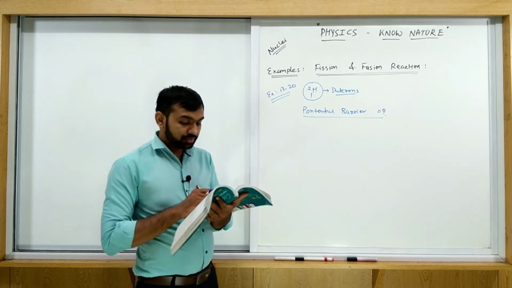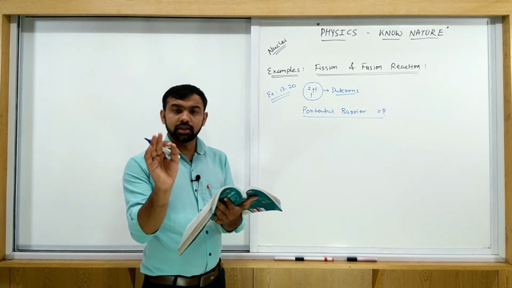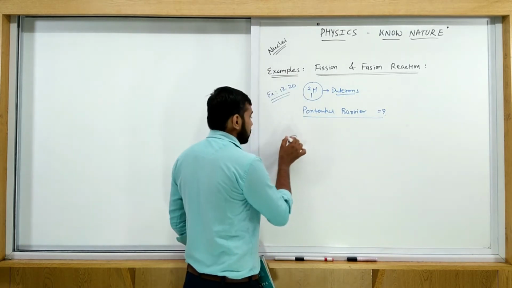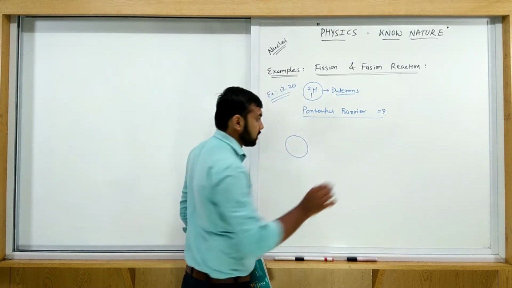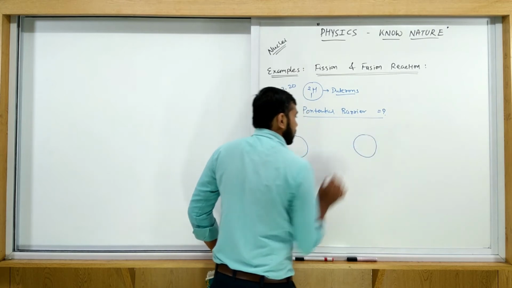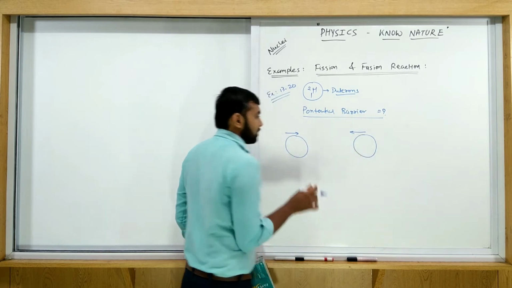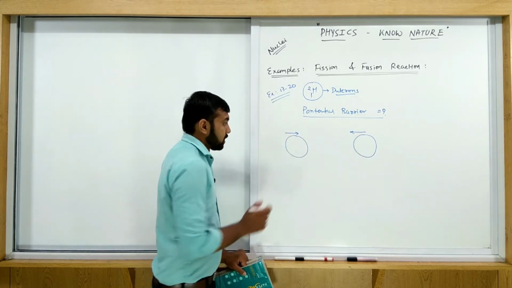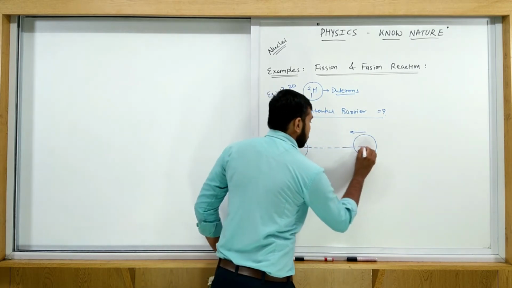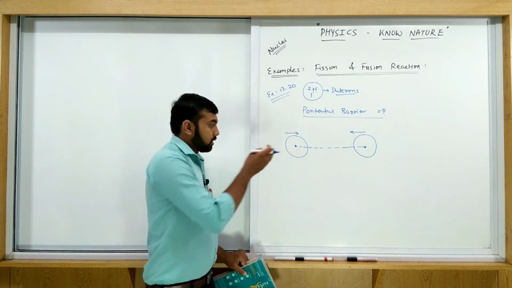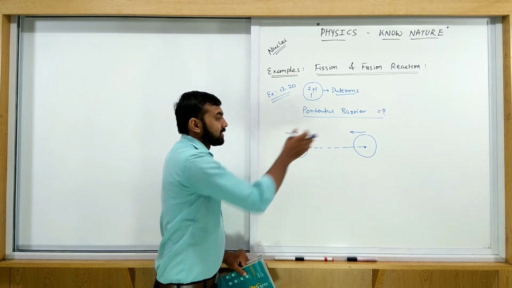Let us see. Suppose you have two deuterons, one and another, both moving towards each other like this, and this is a head-on collision. Both collide such that the velocity of both deuterons is along the center line.